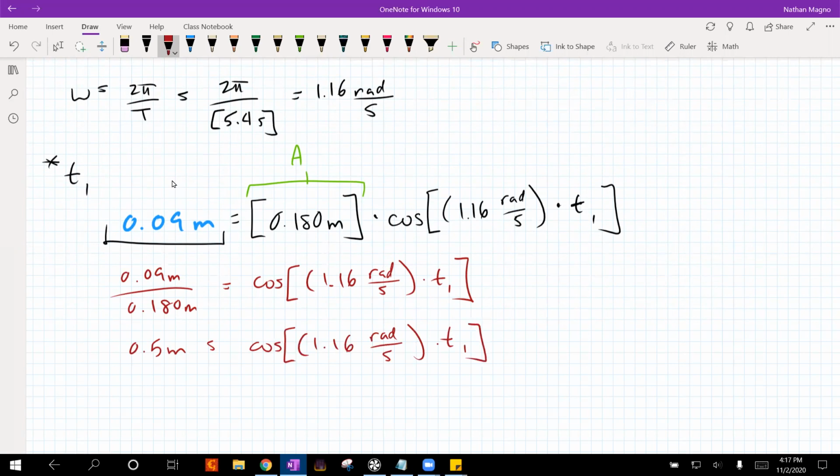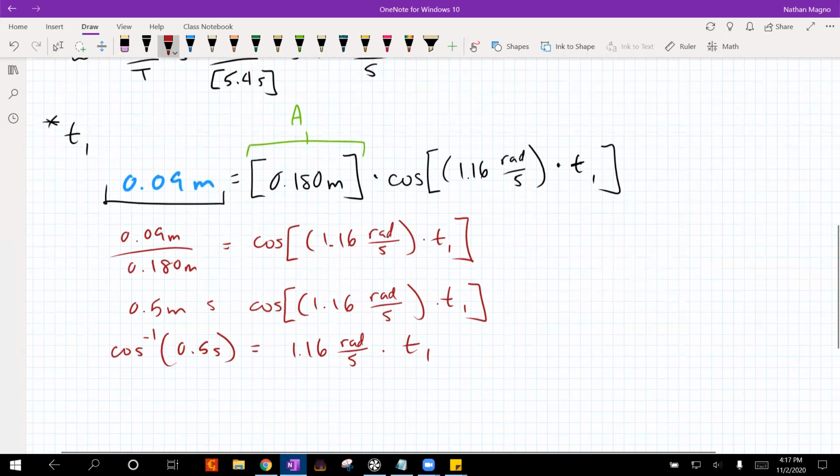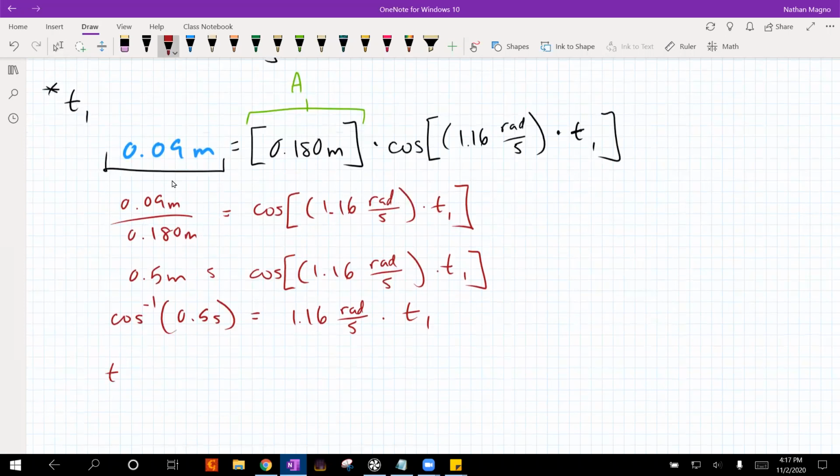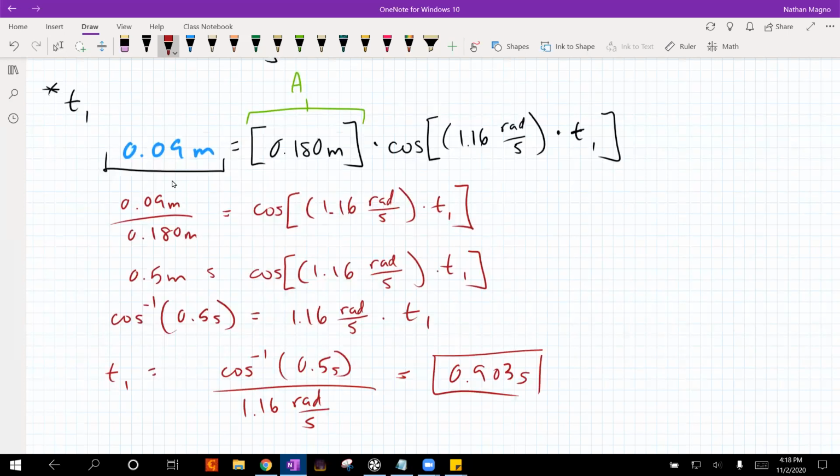Now I'm going to take the inverse cosine of 0.5, which equals 1.16 radians per second times T1, because we undid the cosine function with our inverse cosine. And now isolating T1, it's inverse cosine of 0.5 divided by 1.16 radians per second. Plugging that into your calculator, you should get 0.903 seconds. That's your T1.